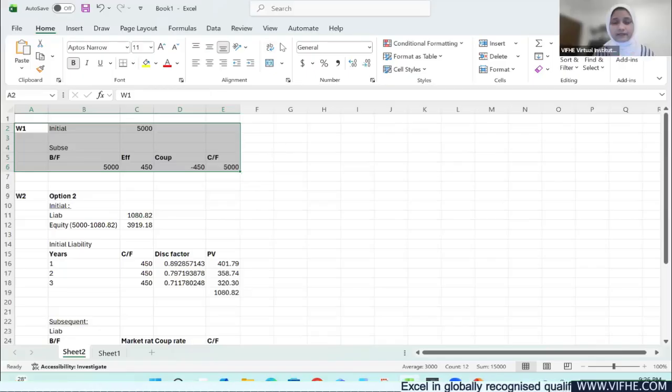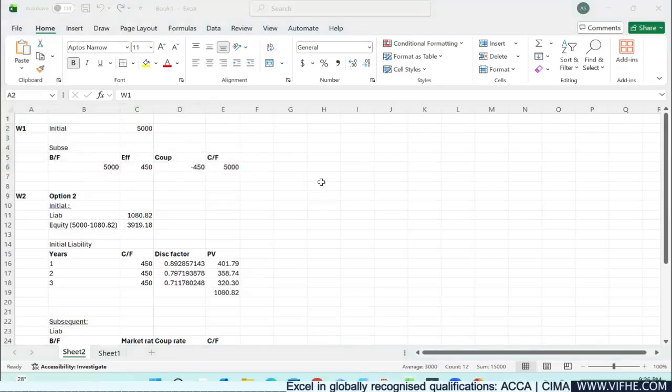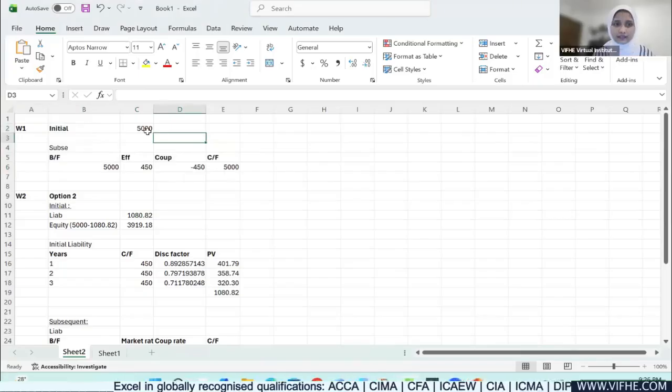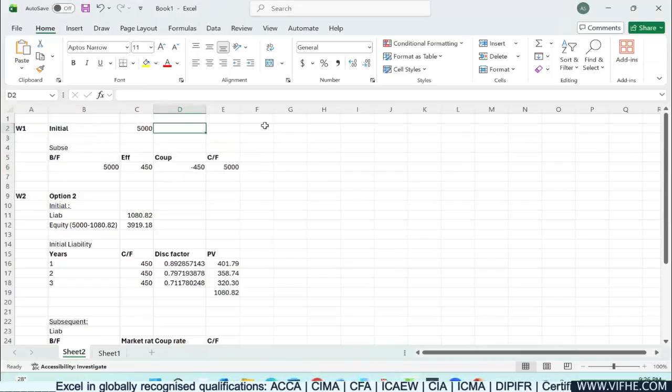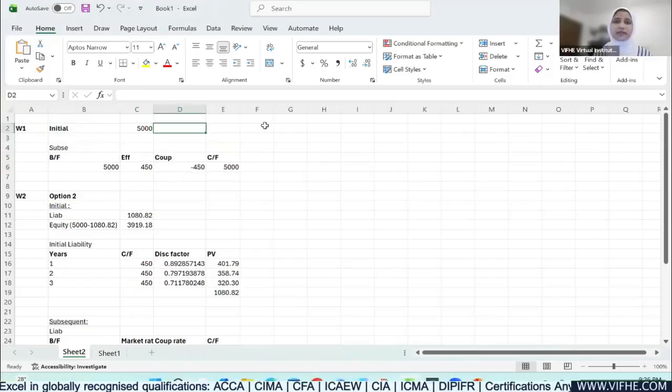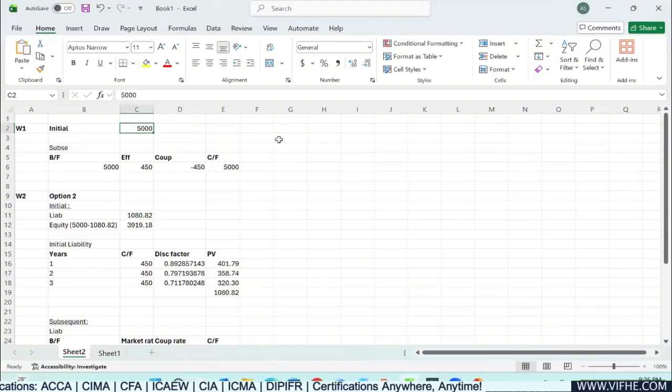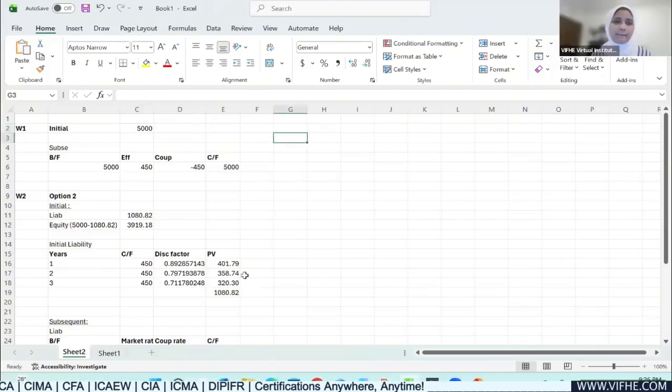Initially, I have loan proceeds minus transaction costs, so the fair value here would be loan proceeds minus transaction costs, but there are no transaction costs. That's why it is this itself. Okay, all right, thank you.